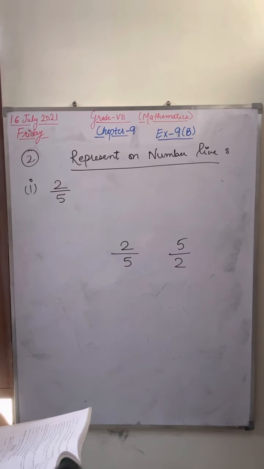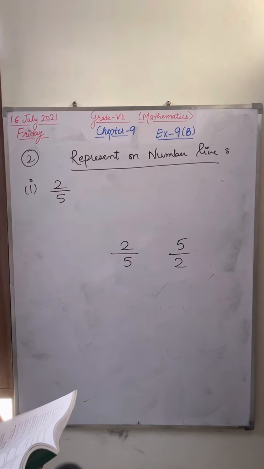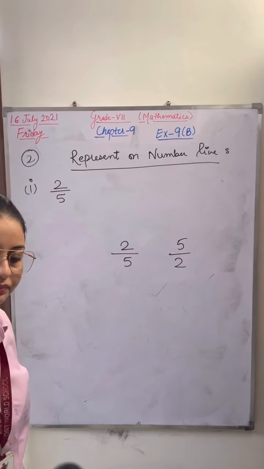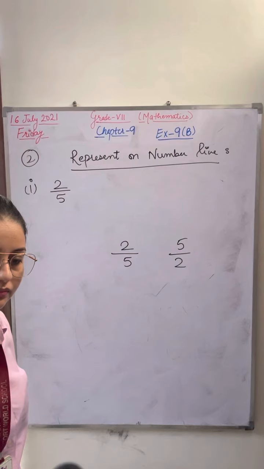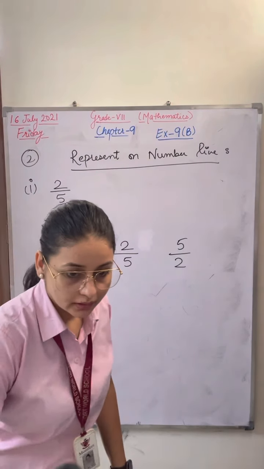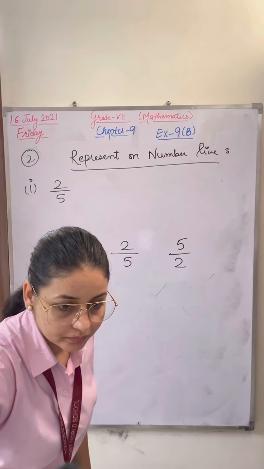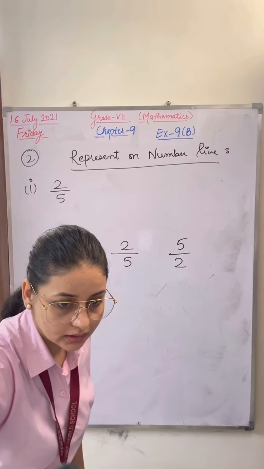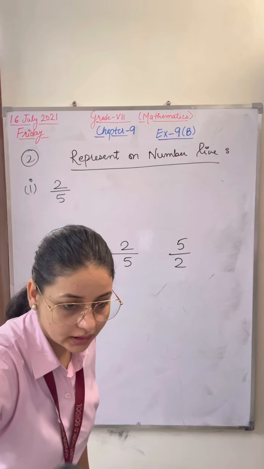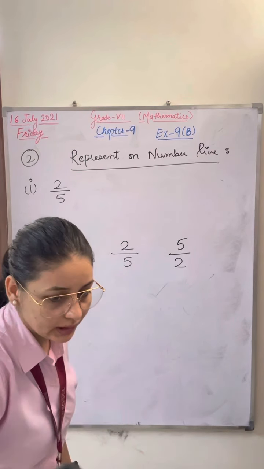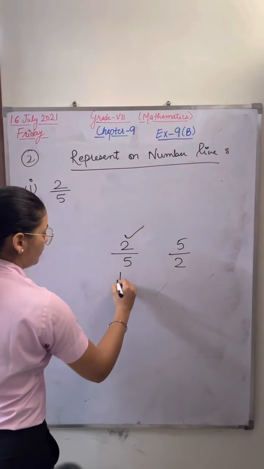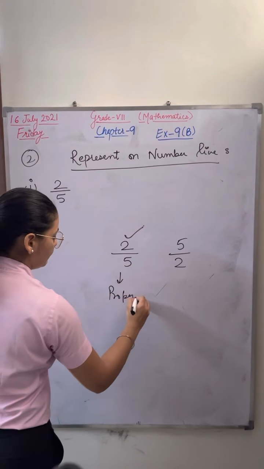Yes, everyone, please tell me first of all, have you done proper and improper fractions? Give me the answers if everyone has done. Just wait, let me read your queries. Please tell me, if the numerator is smaller, is the fraction known as a proper fraction or improper fraction?